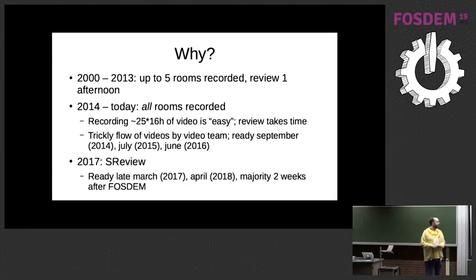So in 2017 I decided to write SReview, which is the system I'm using now, and it helped because in 2017 we were ready by late March, which is a month and a half after the event, which is a lot faster. 2018 took a bit longer, but that was because we had a few issues that we couldn't really fix easily. And actually the majority of our talks were released 2 weeks after FOSDEM, so we were a lot faster even. So that was progress, right?